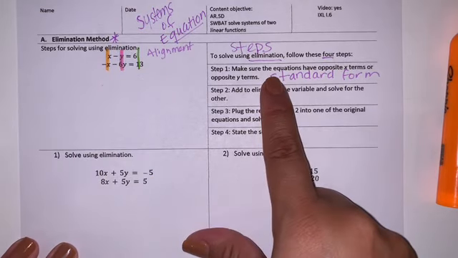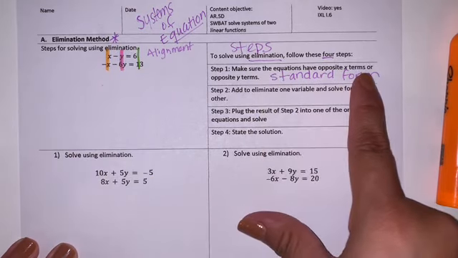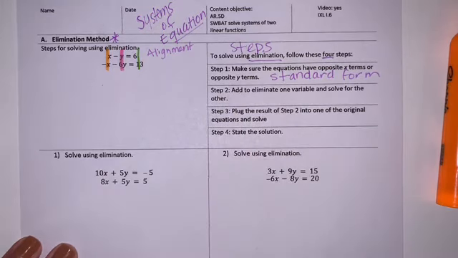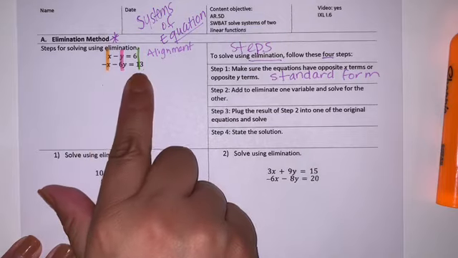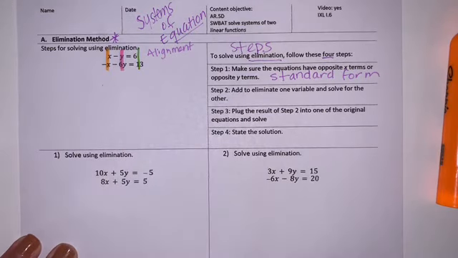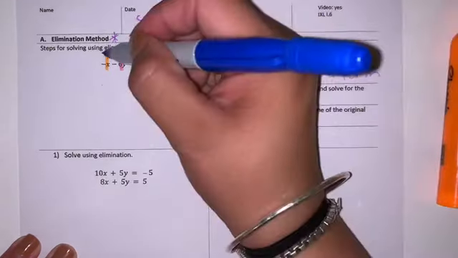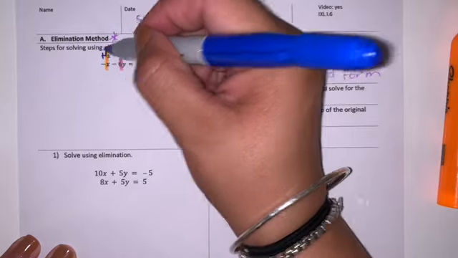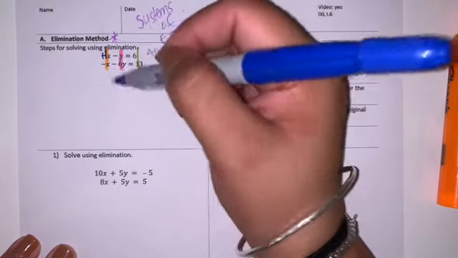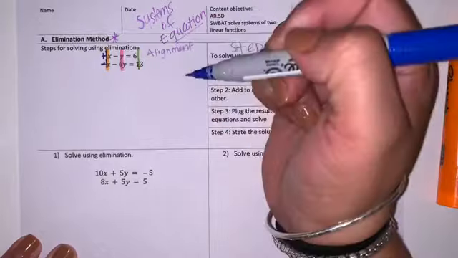Now, what we talk about right here, equations have opposite x terms or opposite y terms. That is not always going to happen. In this case, we do have opposite x terms. And what they mean by that is that I have a positive 1x, and then I have a negative 1x.